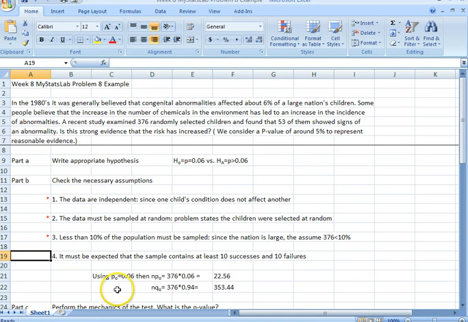Since p0 is 0.06, the sample size 376 times 0.06 gives 22.56. On the other side, 376 times 0.94, which would be our q, gives 353.44. Therefore, we have more than 10 successes and more than 10 failures. We can check off that box also.